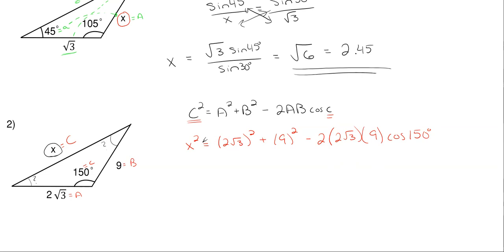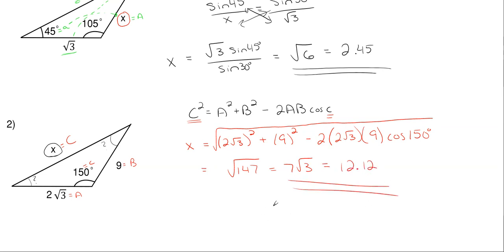Since x is squared on this side, we would just take the entire side and square root it. So our x would then come out to be the square root of 147, which is 7 times the square root of 3. If you want to approximate it out, it would be 12.12 as our final answer for that side of x. That's how you would use the law of cosines to find a missing side or a missing angle.